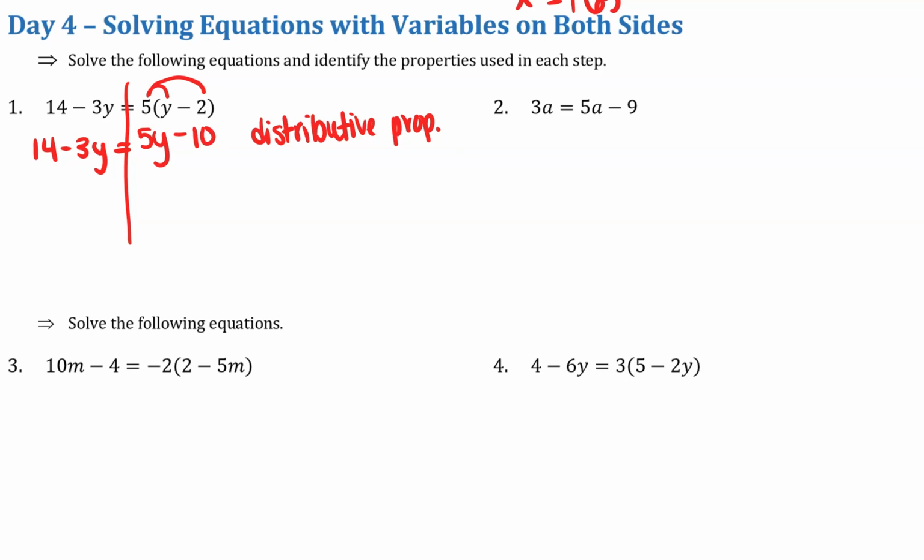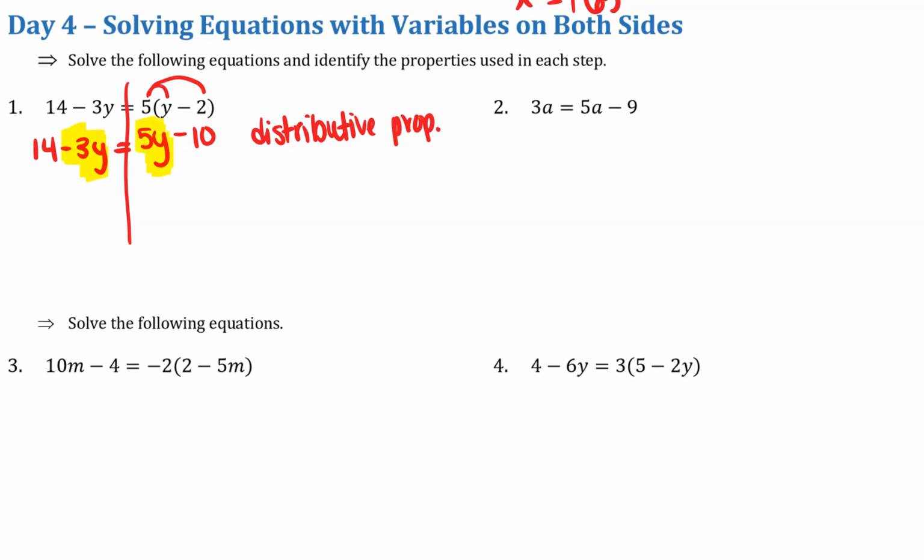All right, now this is what's different from day 3: we have y's on both sides of the equation. I don't like that. I need to move them so that they're both on the same side of the equation. So here are my y's on different sides.